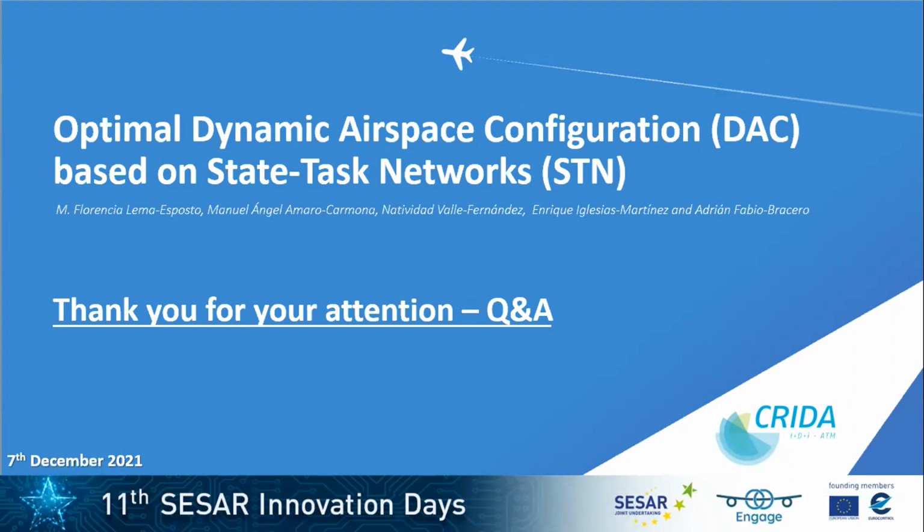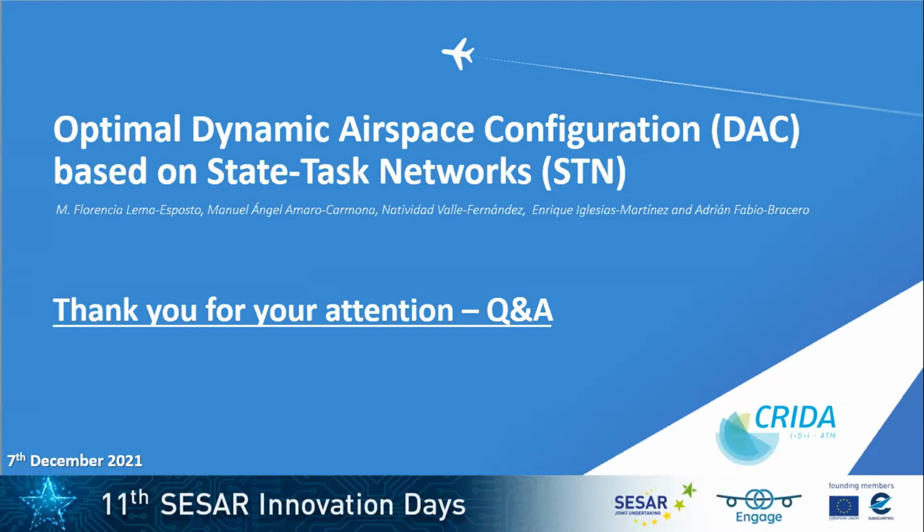Very interesting presentation, and also based on the question, very challenging to ask many questions. Actually, you mentioned optimal dynamic airspace configuration, but it's not clear what you are optimizing. Are you optimizing the use of space? The capacity of space? Both, or air traffic controllers' workload?